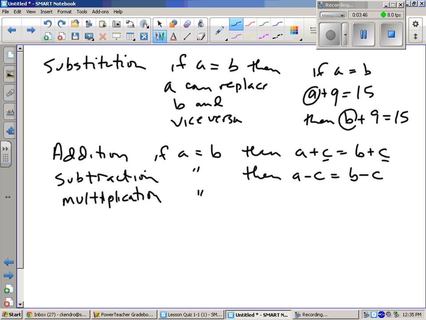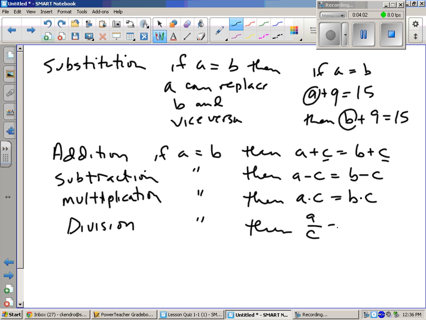If A equals B again, then A times C equals B times C. So you can multiply both sides by the same thing. And then division. A equals B, then A over C equals B over C. So you can divide both sides by C.